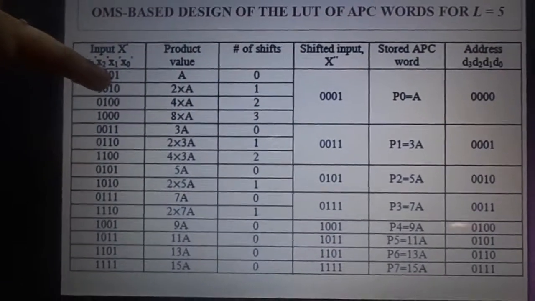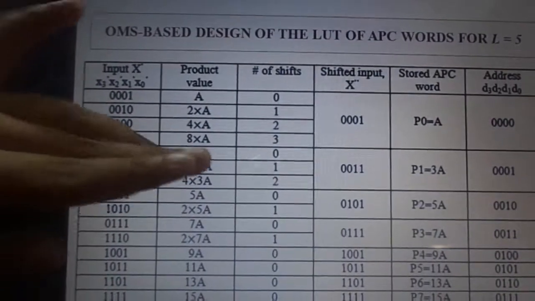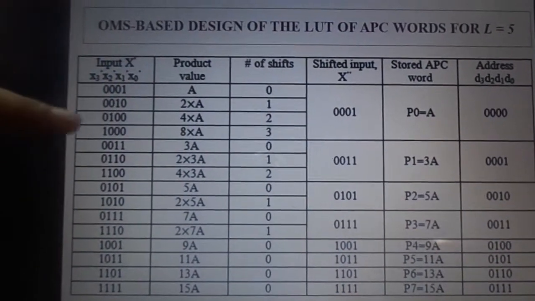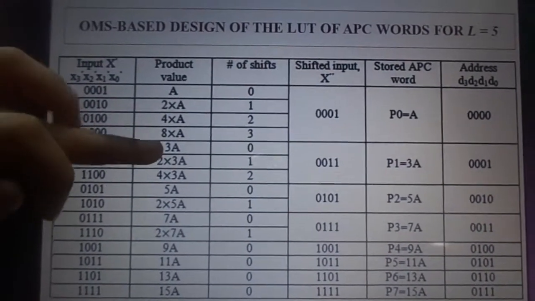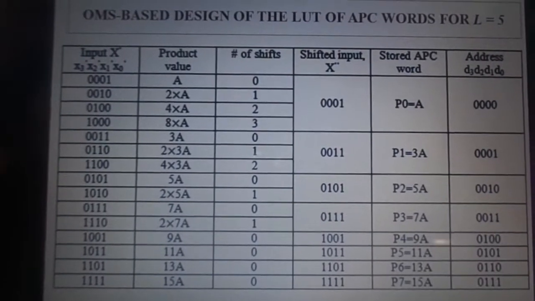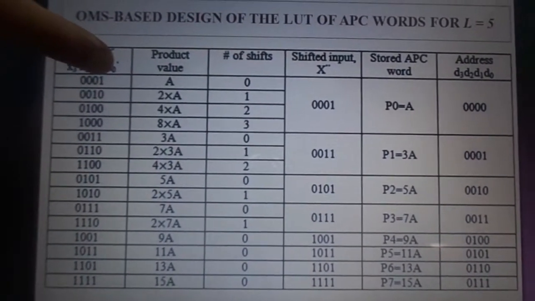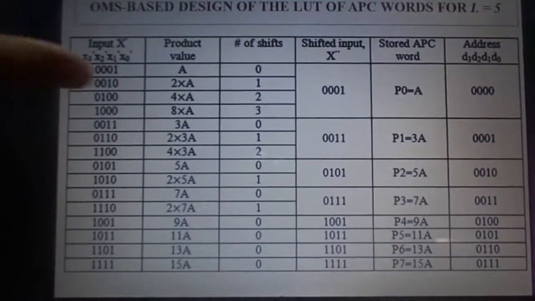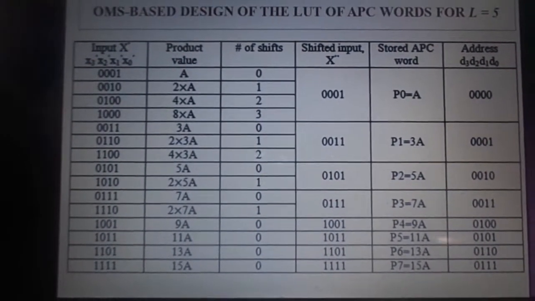So this 1 is shifted here. If you need another even value, that is 4A, you need to perform another shifting operation, which is this one. If you need 8A, another even value, you need to perform another shifting operation. So finally, if you see, this value of 1 from the LSB has been shifted to the MSB bit. This is how the OMS table works.